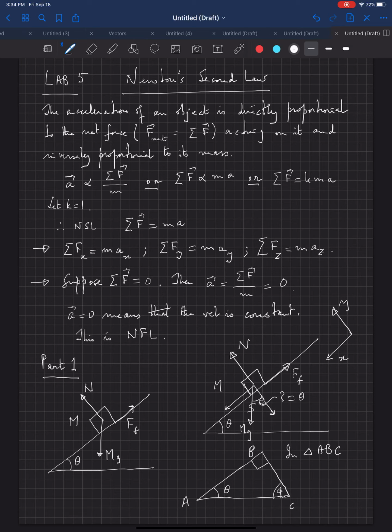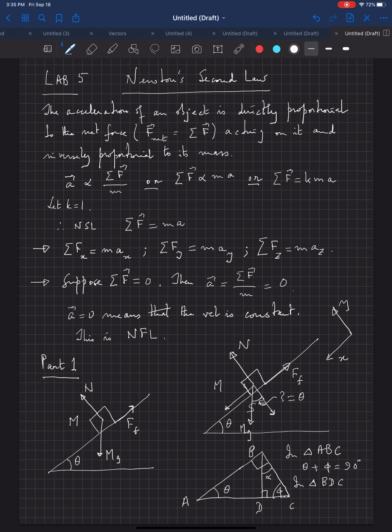So I can say the following, that in triangle ABC, because this is a right triangle, theta plus phi equals 90 degrees. Now let me drop a perpendicular onto the side AC so that this angle is 90 degrees, and let me call this D. And so I look at triangle BDC, and I want to determine this angle, and let's call it alpha.